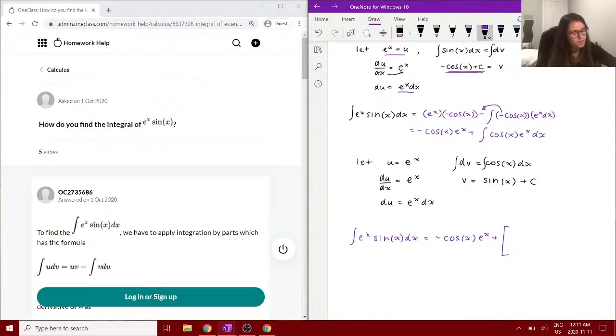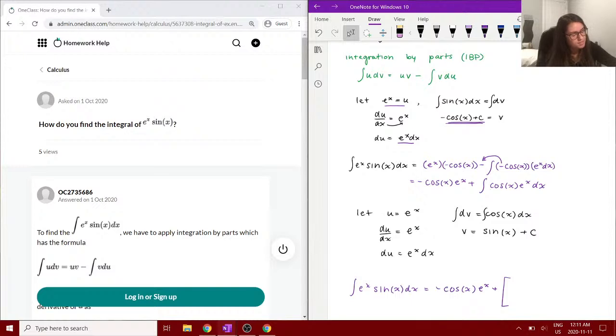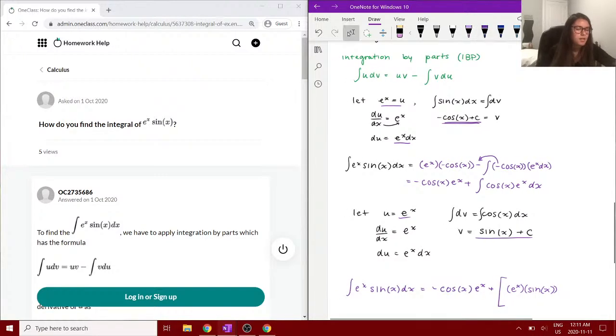So now applying integration by parts. It's all the way up there. Hopefully you can still see that. Okay, so if we have u times dv, we're going to have u times v out in front. So u is e to the x times v, just sine x in this case. Remember, just leave out the plus c for later, unless you want to keep that in.